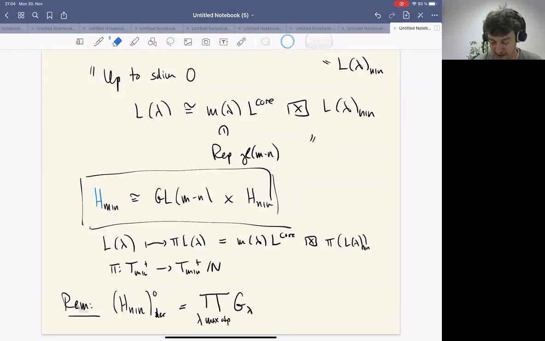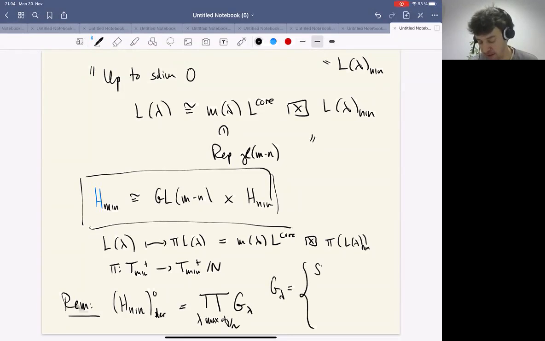Where I basically have some equivalence relation. And then G_λ is either an SL, and so the SL is always the SL in the superdimension of L_λ, or it's an SO or an SP, or sometimes it's something which I write like this: SL of superdim L_λ over two.